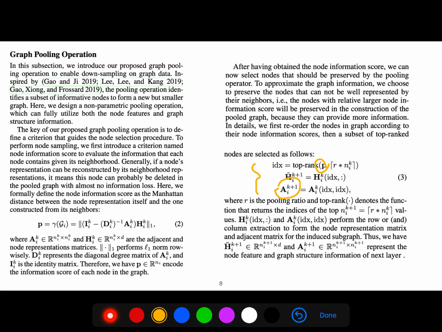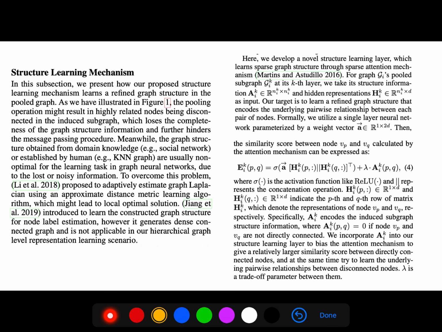So the next adjacency is probably with a lower number of nodes. But here is what is important from now. We develop a novel structure learning layer which learns a sparse graph structure through a sparse attention mechanism.